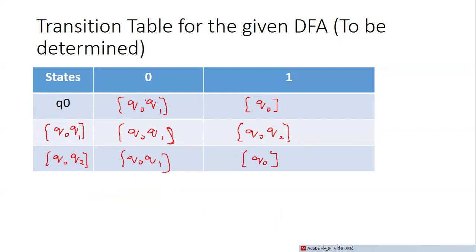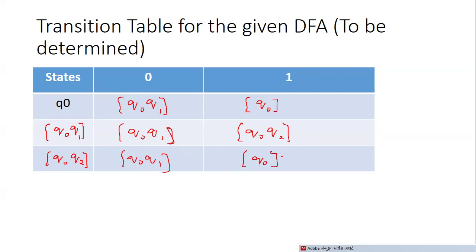So analyze the entire table. In the first row, the Q0, Q1 state is there. We have already determined the transition for the state Q0. And for the second row, Q0, Q1, already we have written. For Q0, Q2, we have written. Then Q0, Q1, yes, completed. For Q0 also completed. So all the states have the transitions, right?